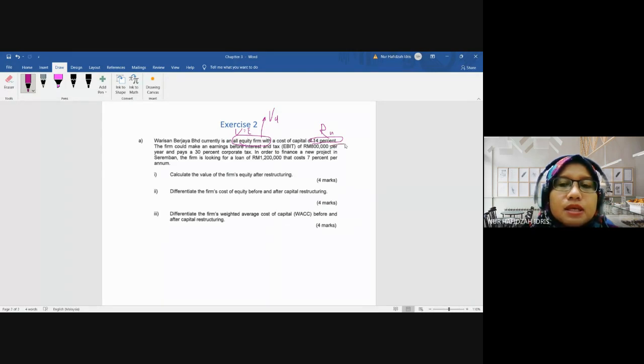So this is EBIT, 800,000. 30% corporate tax. So this is the tax. In order to finance a new project in Seremban, the firm is looking for a loan of 1.2 million that costs 7% per annum. So this figure 1.2 million, which item does it belong to? What is 1.2 million?